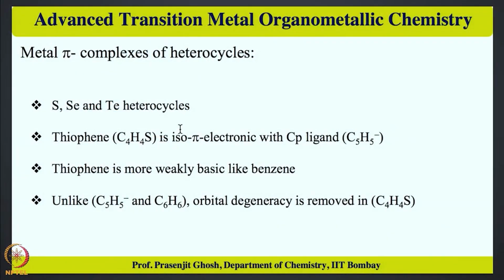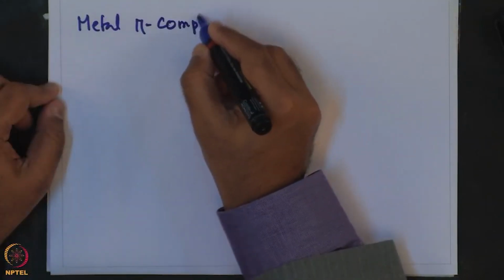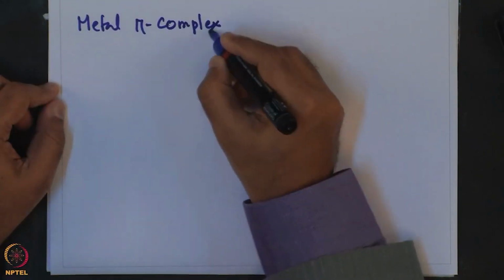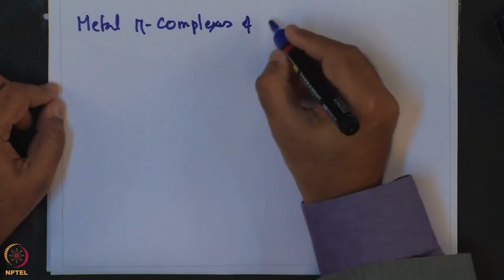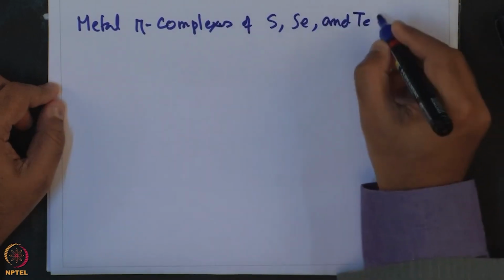cyclic ligands. So, to begin with, we are going to take up the heterocycles of sulfur, selenium and tellurium complexes of metals. So, we are going to be talking about metal pi complexes of sulfur, selenium and tellurium heterocycles.